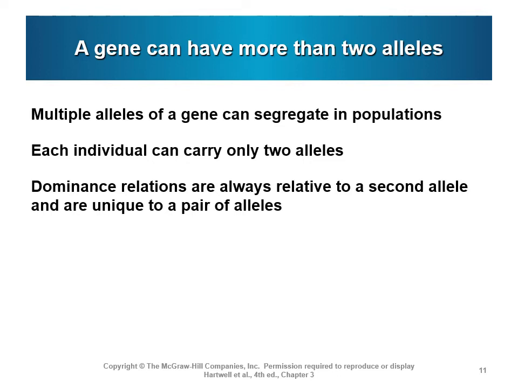The gene is not restricted to only two alleles. However, an individual can carry only two alleles. When we are talking about the relationship of dominance and recessiveness, we are talking in relevance to one gene out of two.